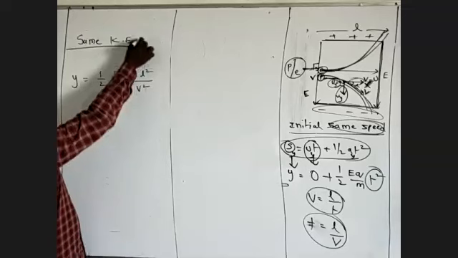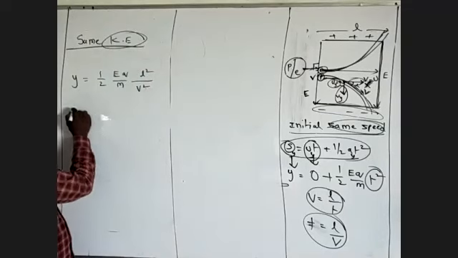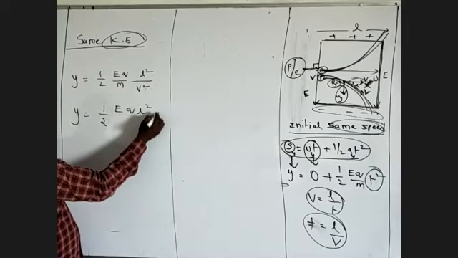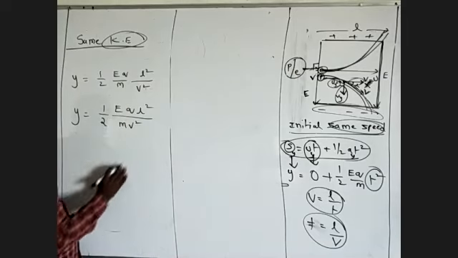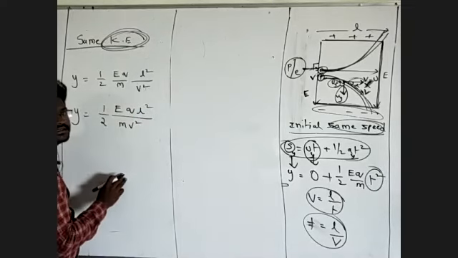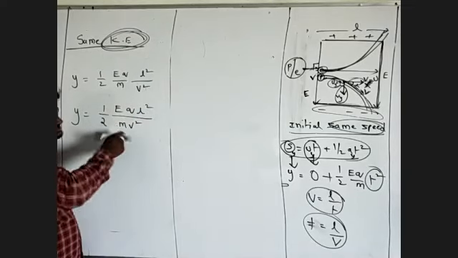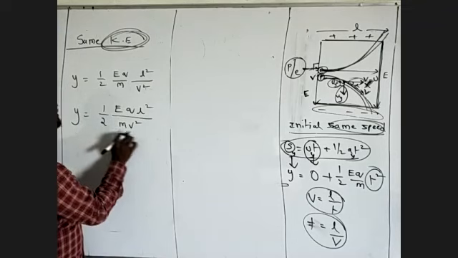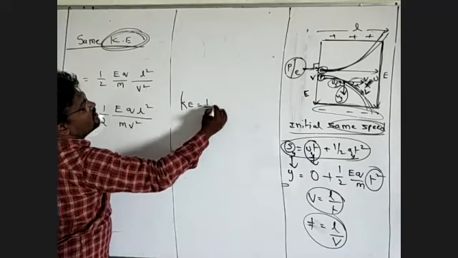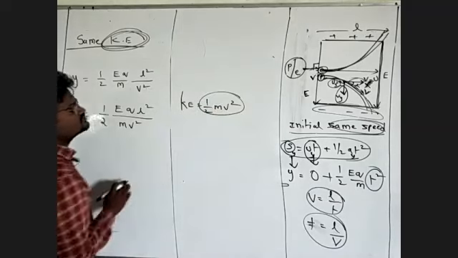Now y is equal to 1 by 2 eE L squared by m v squared. Now same kinetic energy means this equation turns to the kinetic energy. How does it turn to kinetic energy? Kinetic energy is half m v squared. This is a general formula.